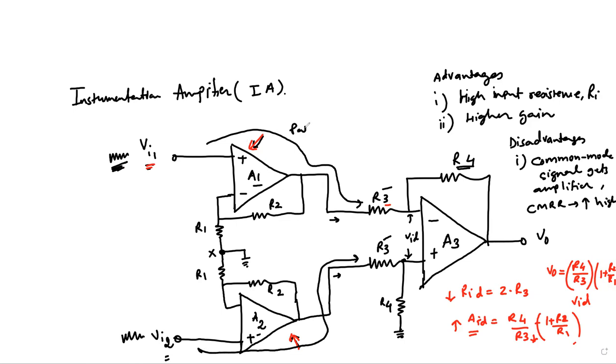Let's say this is path 1, and this is path 2. The resistors in each of the signal paths have to be matching. If there is any mismatch, the output reflects an unwanted signal, and that gets amplified by the gain set by these two stages right over here. So that's the second problem that we have right here.